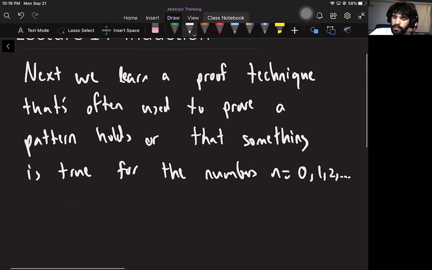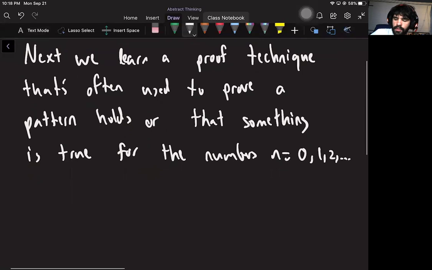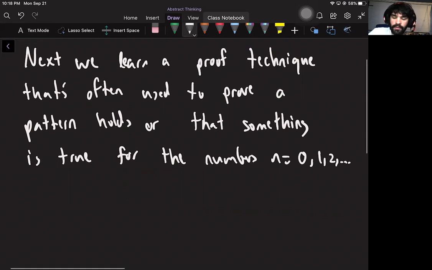So just whole numbers, natural numbers, or just at a different starting position. Instead of starting at 0, maybe it just holds for 8 and up. So it doesn't have to start at 0, and that's something we'll see.